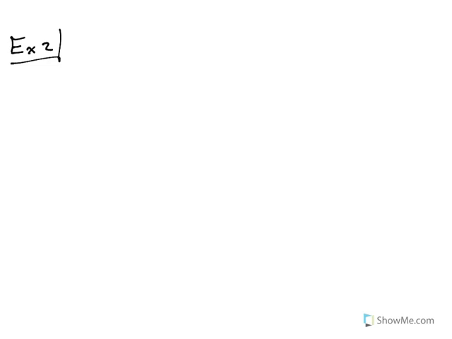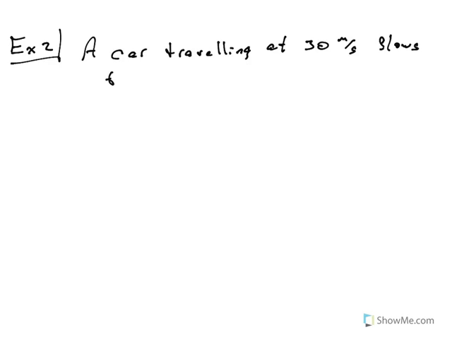How about, okay, a car traveling at 30 meters per second slows to a stop with an acceleration of, let's say, 5 meters per second squared.